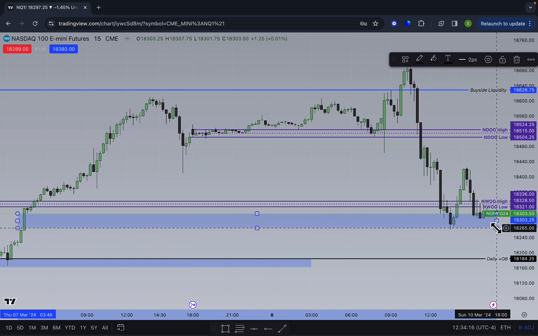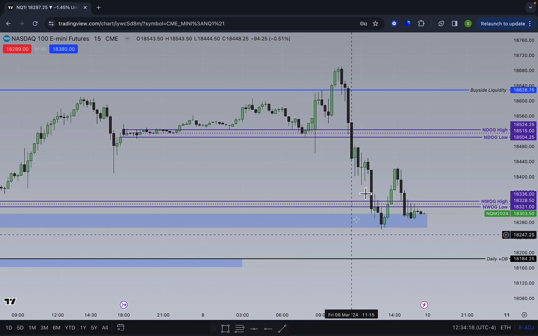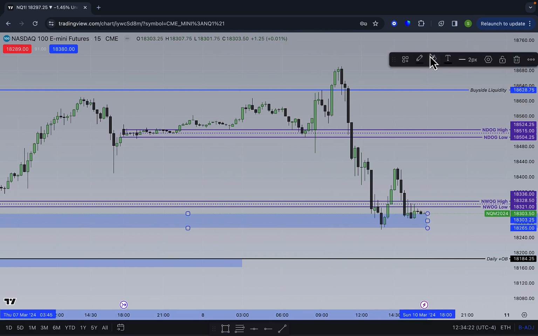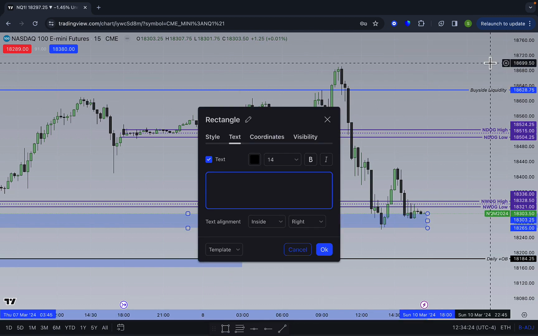That is our 15-minute level. All right. And we'll go ahead and label that. So of course, price drops into that. We would look for that as a potential for price to want to turn around.